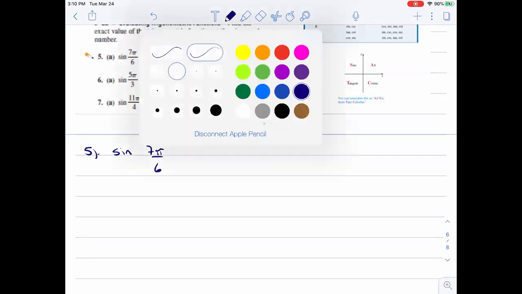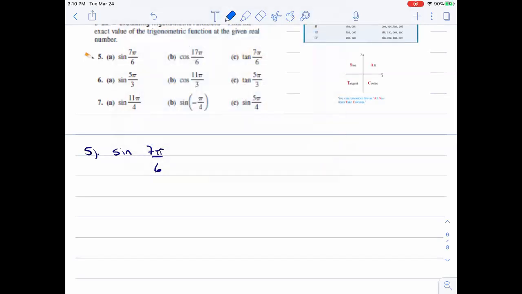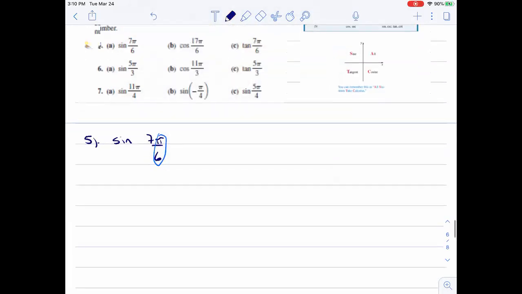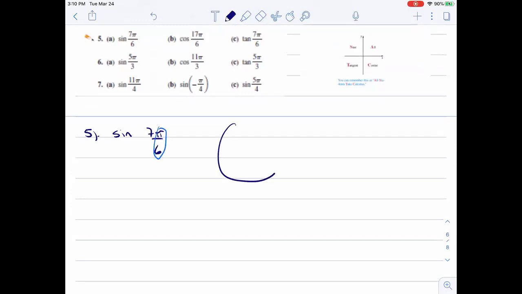If we look at this, we've got a pi/6, so we know kind of what's going on. But 7pi/6 puts us here.